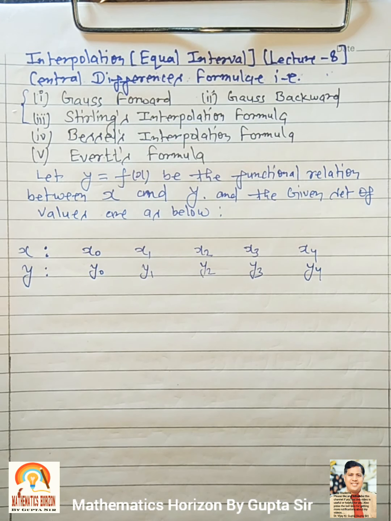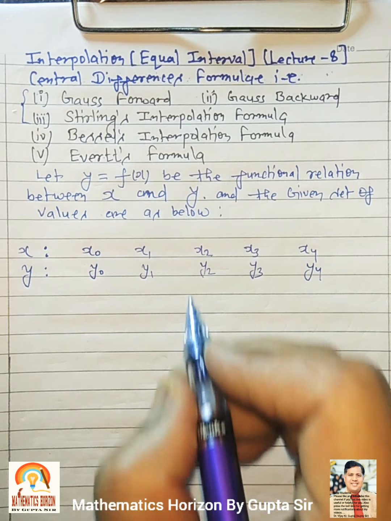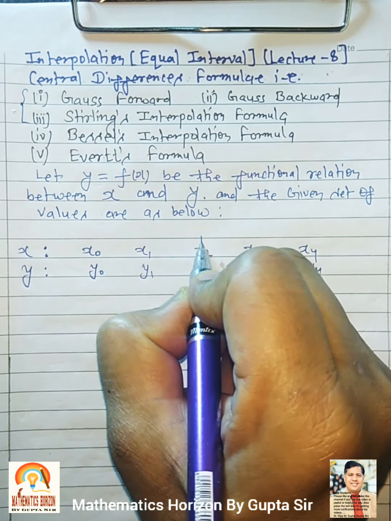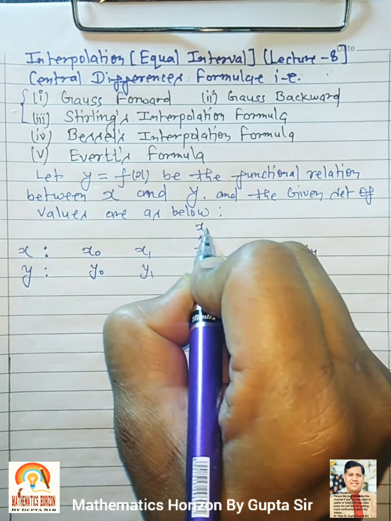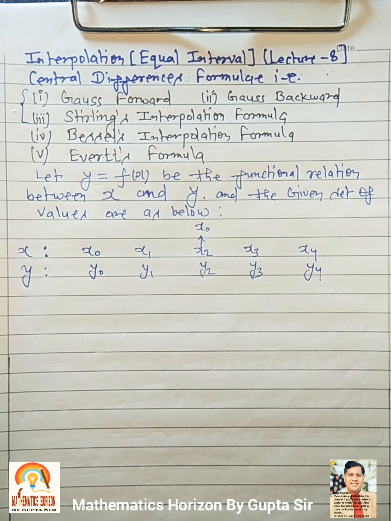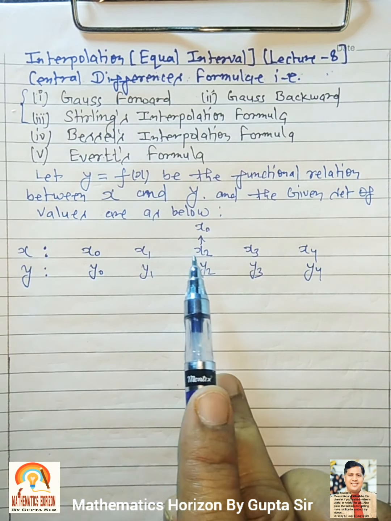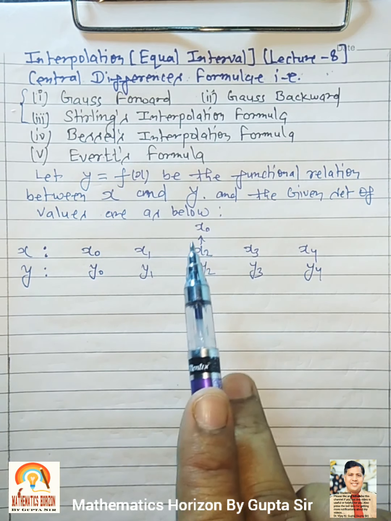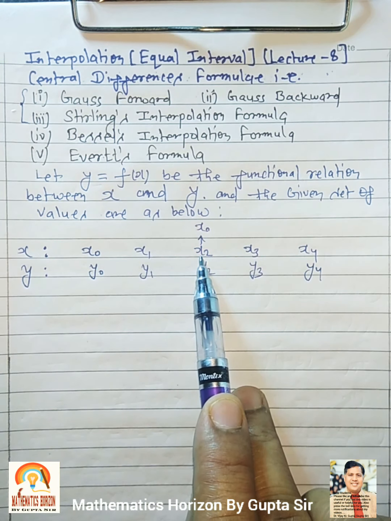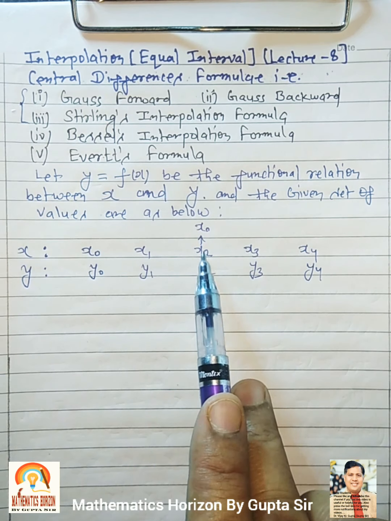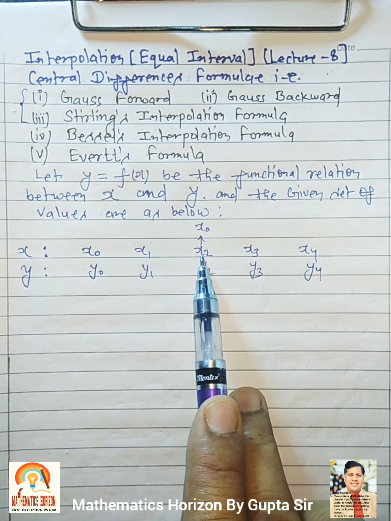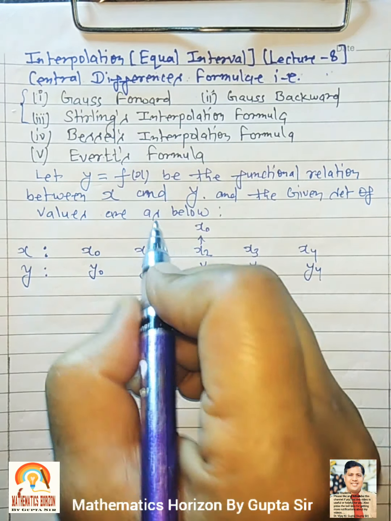Here we are saying the interpolated value is near the center of the table, so the initial value will be near the center of the table. If we assume this term as x0, then what about the other terms?